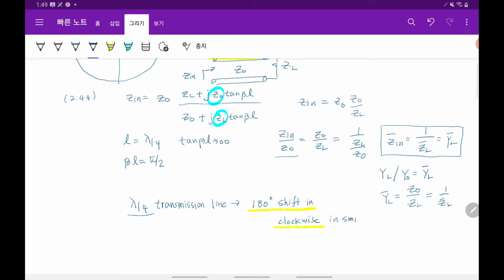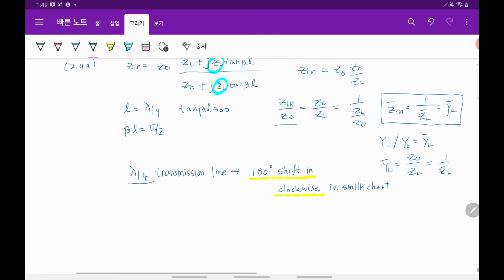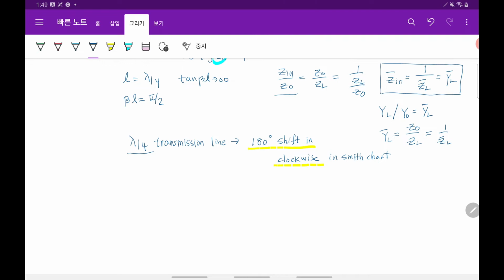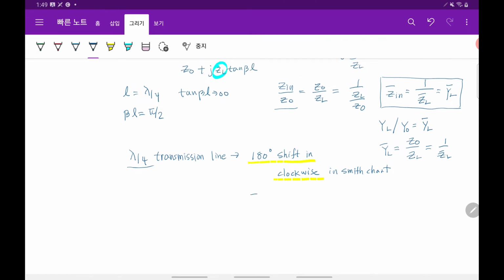So a lambda over 4 transmission line shift means that an impedance point changes to an admittance point.